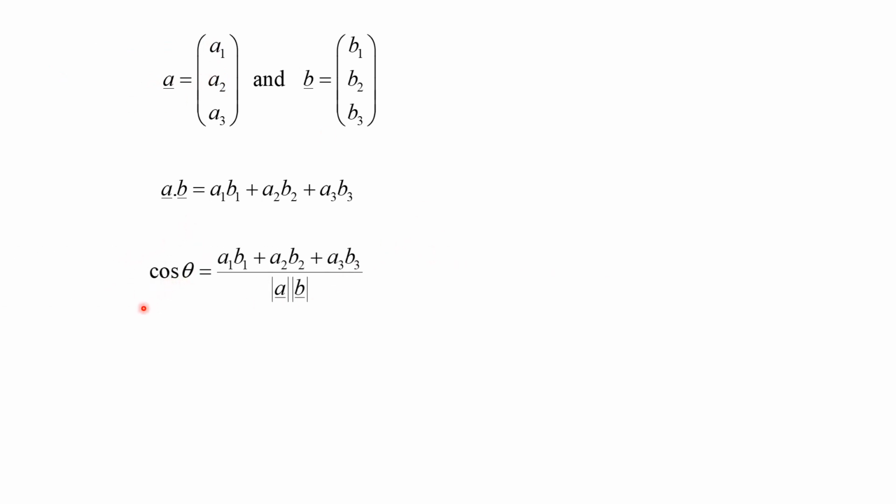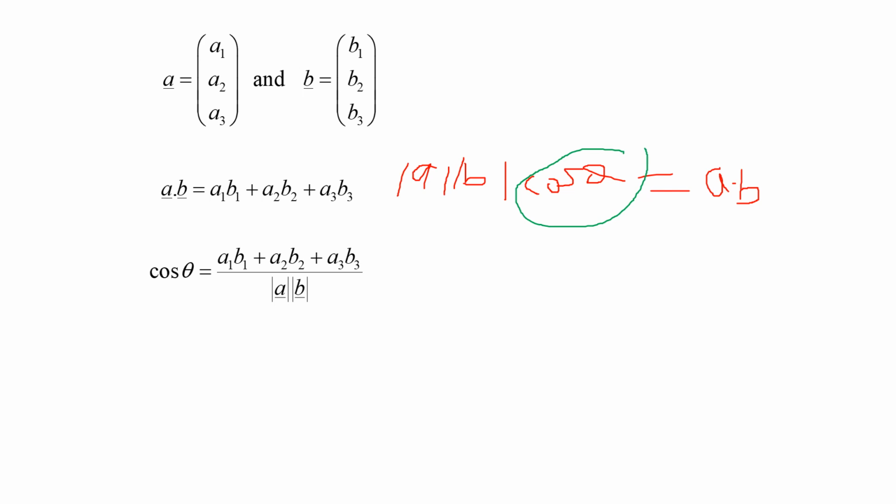And then next, if you need to find cos theta, it is simply because modulus A modulus B cos theta equals A dot B. So when we rearrange this and make cos theta the subject, cos theta will be A dot B over modulus A modulus B, which is shown in this slide.